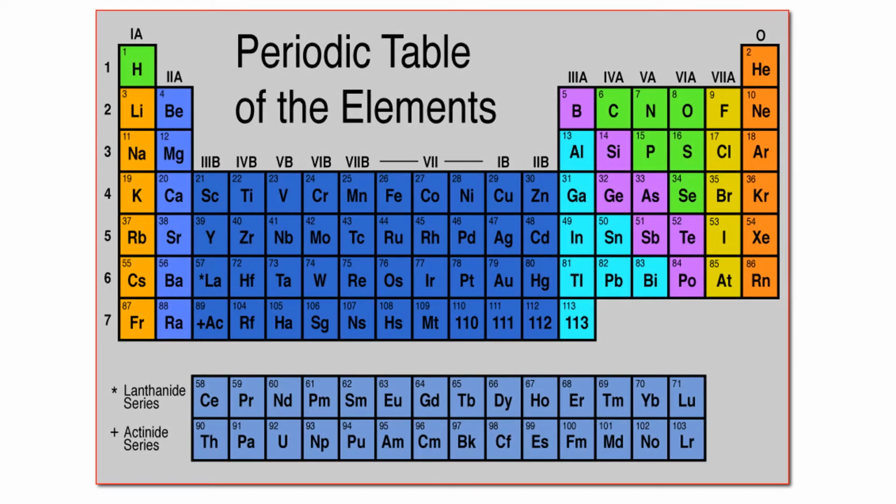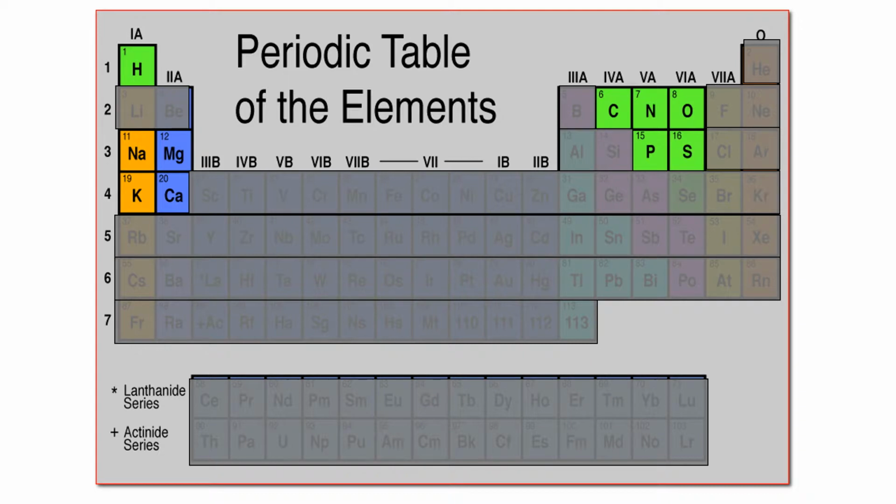Now, as biologists, we don't have to really concern ourselves with all of the elements here on the periodic table. There's just a few that we are mostly going to be talking about. The science of Einsteinium is not really pertinent to biochemistry so much, but carbon, nitrogen, oxygen, phosphorus, sulfur are certainly important. Hydrogen, ubiquitous, sodium, magnesium, potassium, and calcium. All of these are going to make up the vast majority of the compounds of life.